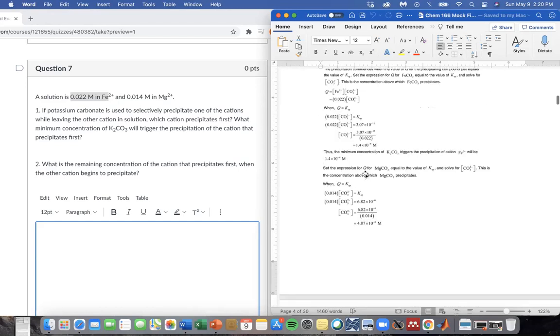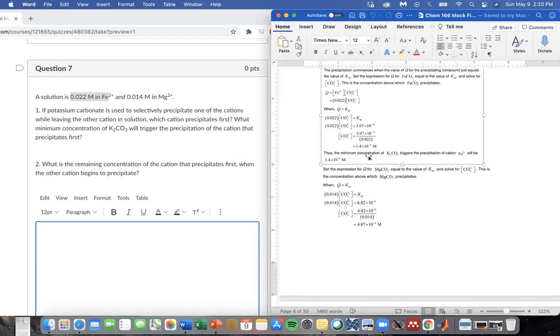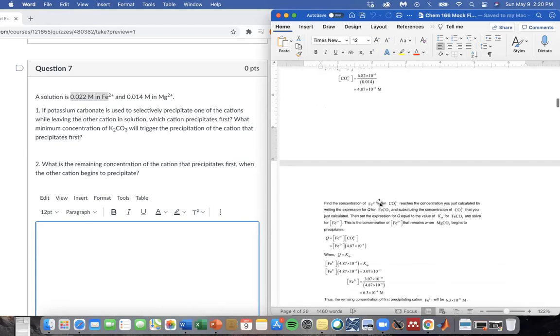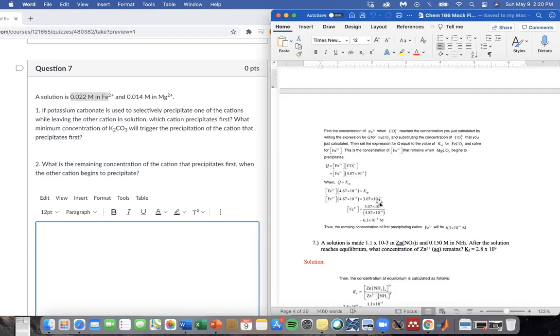Now that's way higher than the amount of carbonate required to precipitate out your iron carbonate. So the whole time you've been adding more carbonate before your magnesium carbonate starts to precipitate out, the iron carbonate has already been precipitating out, and the iron's concentration has been decreasing.